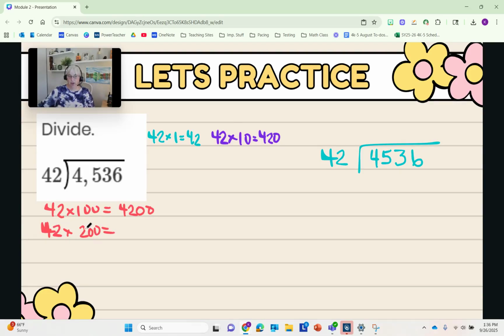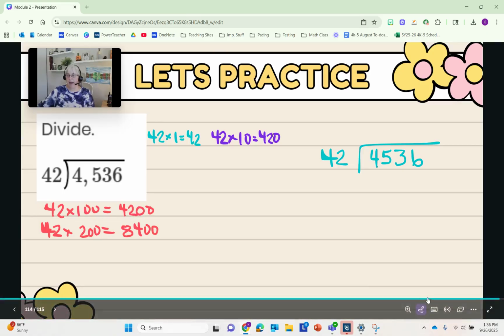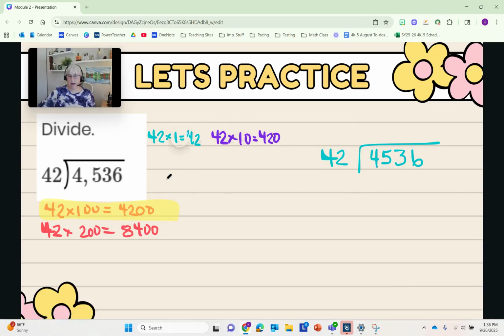42 times 2 is 84. And then add the 2 zeros. That's way over, but we've already found our first factor, and it's that first power. This power of 100 is going to get us as close to this number as we can get in our trees here.